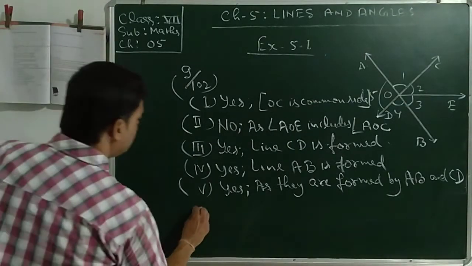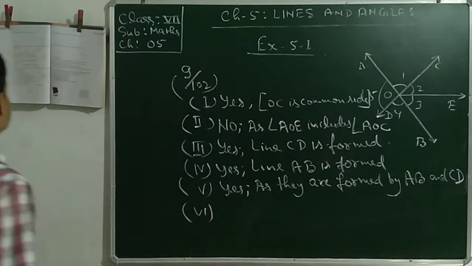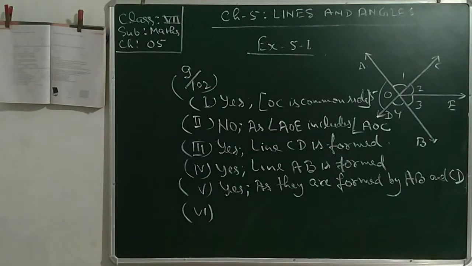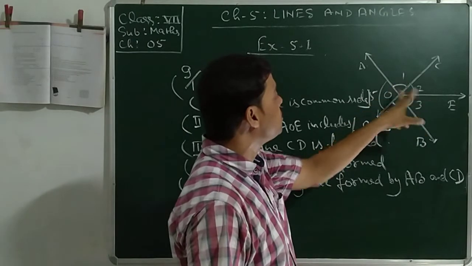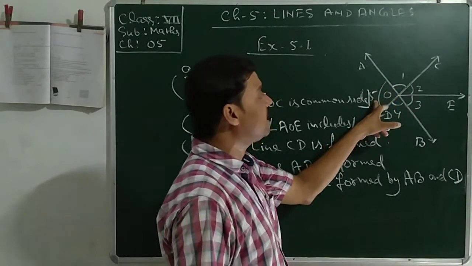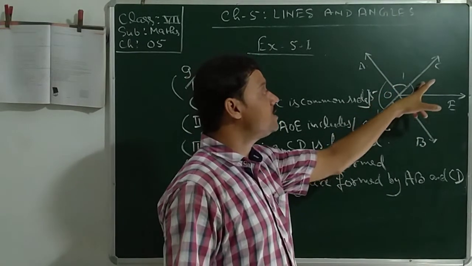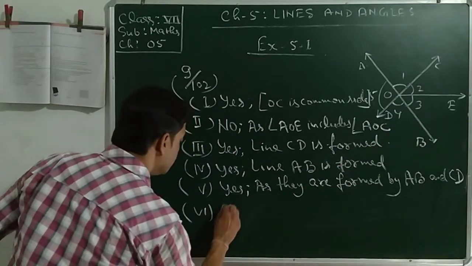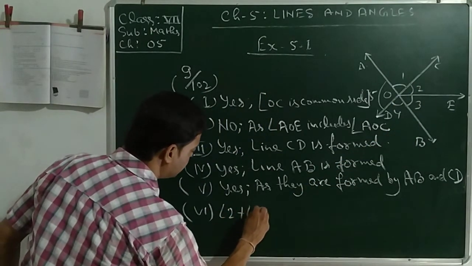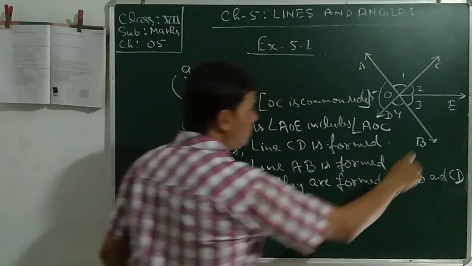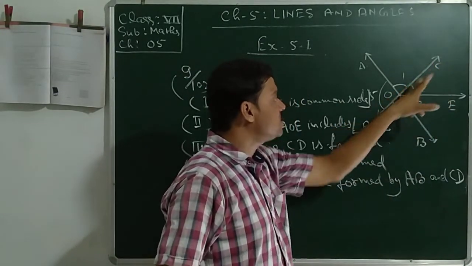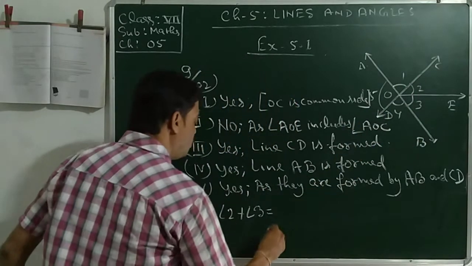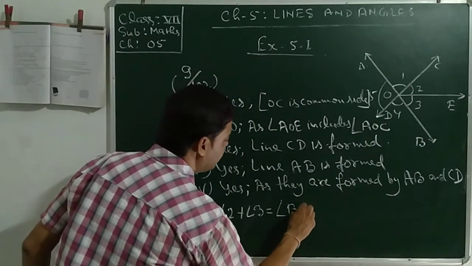And the last one, sixth part, is what is the vertically opposite angle of angle 5? This angle was angle 5. That is angle 2 plus angle 3. And if you look carefully, angle 2 plus angle 3 is angle COB, or you can write it as angle BOC.